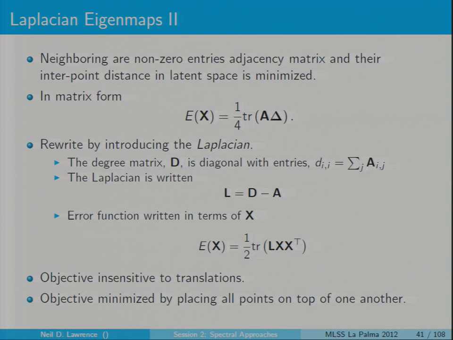So it's basically the number of neighbors. If these adjacencies are constant, it's the number of neighbors for each data point. Sometimes you can set these adjacencies non-constant, but it's then just the sum of those weights. And the Laplacian is written in this form, so it's a defined thing for a graph, that it's the degree matrix minus the adjacency matrix.